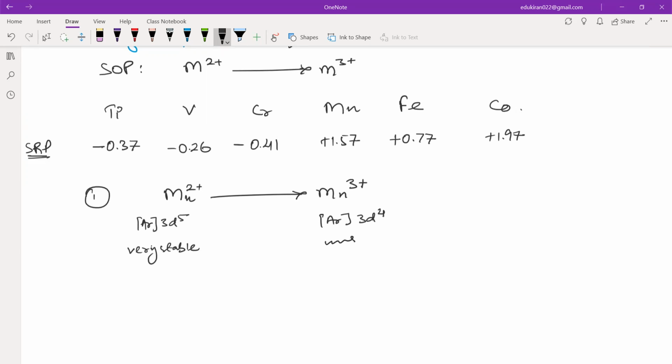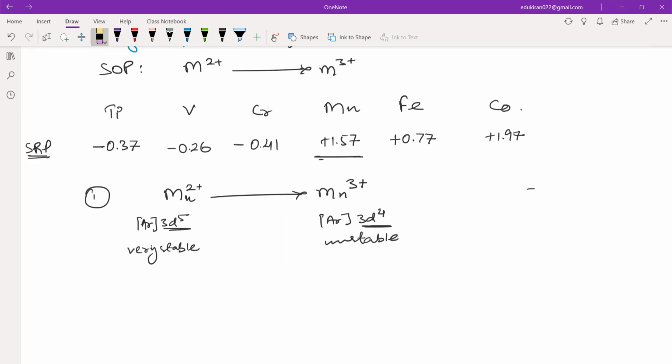This is unstable, if I look at the electronic configuration. That is the reason manganese has a very high positive value. That means it readily wants to go the reverse reaction, that is, M3 positive to M2 positive. This is the feasible reaction for manganese, that means reduction.